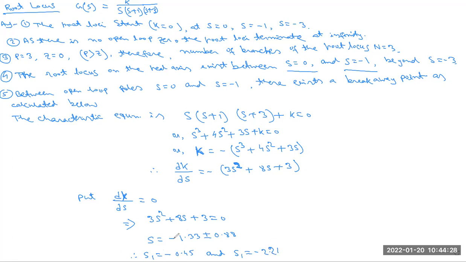You have to calculate minus 1.33 plus 0.88, and the other one minus 1.33 minus 0.88. So these are the two points we have to locate in our root locus method.